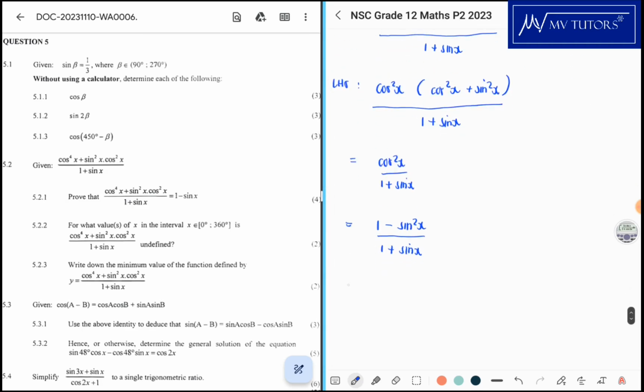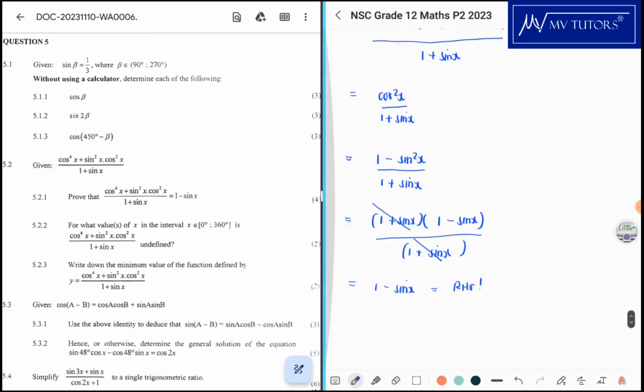In my numerator I have a difference of 2 squares, so I'm just going to factorize it: 1 minus sine x times 1 plus sine x. One will be positive, the other negative. And I'm happy because I see that things are going to cancel out. This cancels. So I'm left with 1 minus sine x, which is equal to the right hand side, which is awesome, and that's a nice 4 marks.